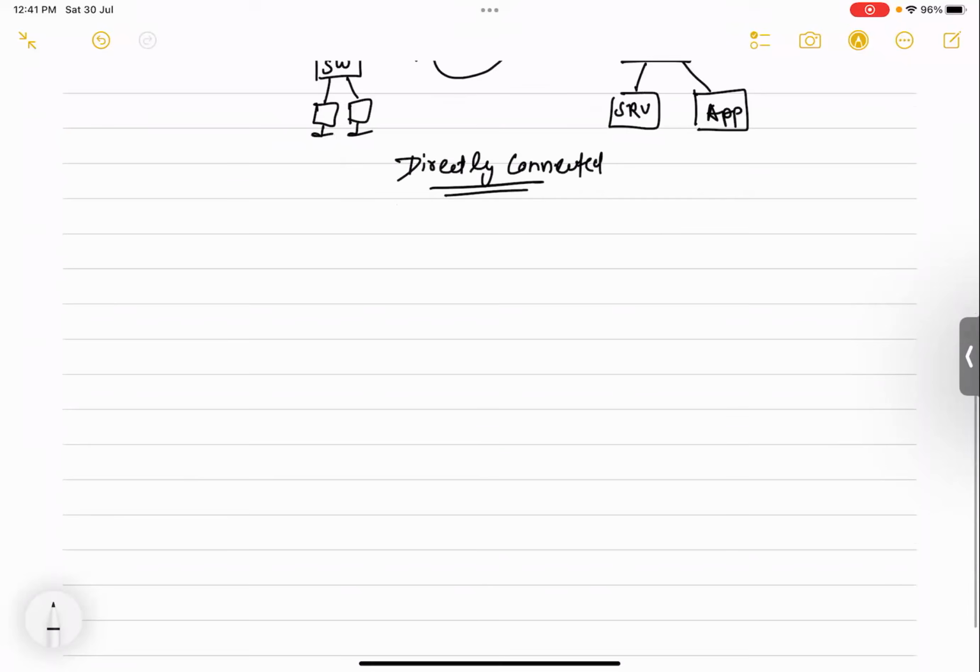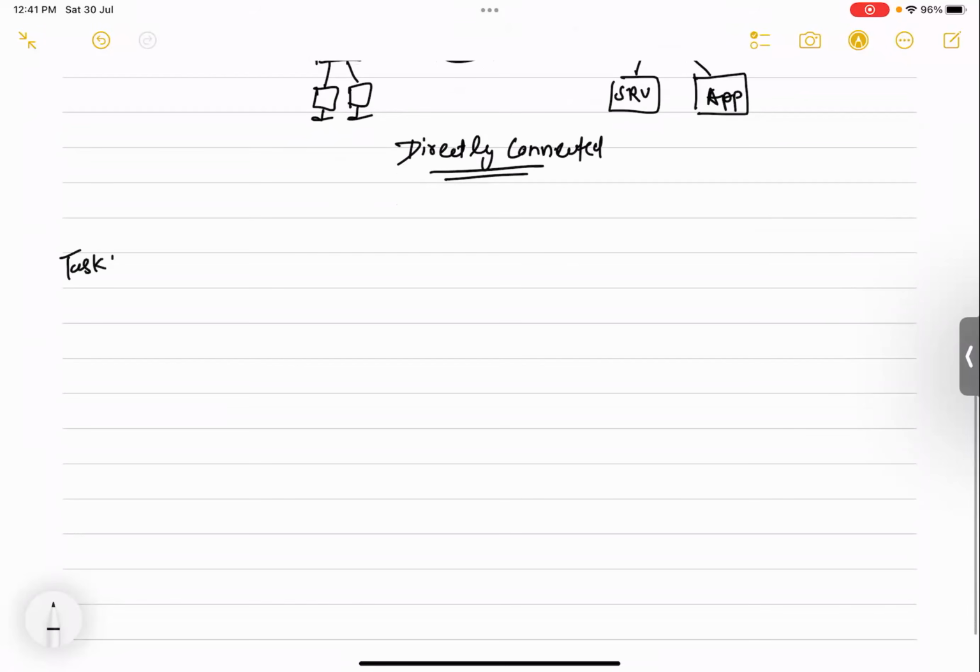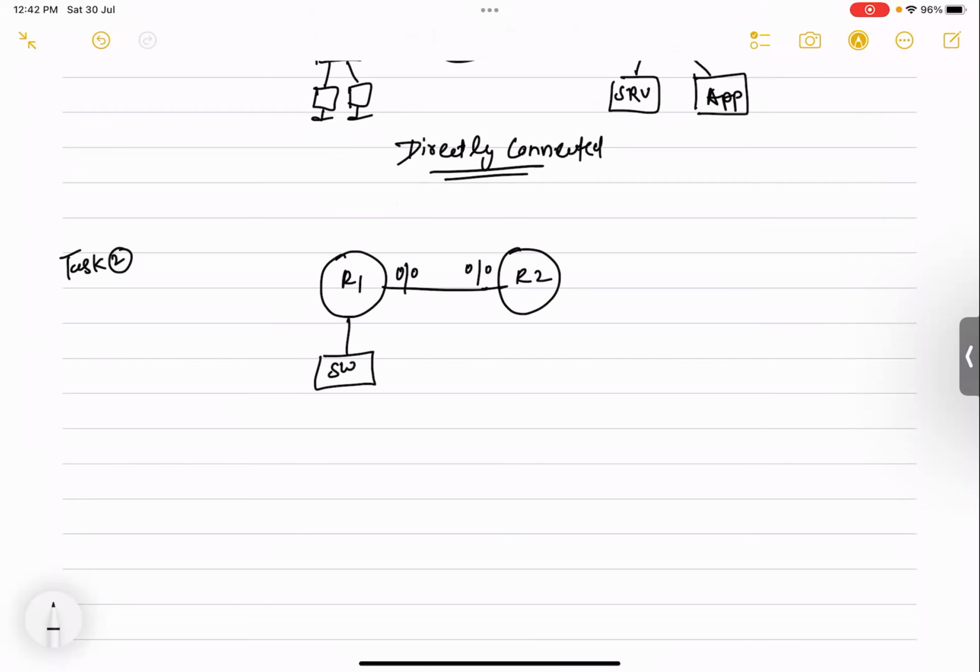If I'm asking task 2, in task 2, R1 is connected with R2. R1 is connected with a switch connected with some LAN users, and R2 is connected with a switch connected only with a server.